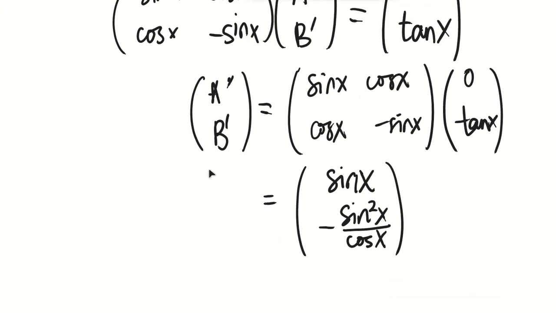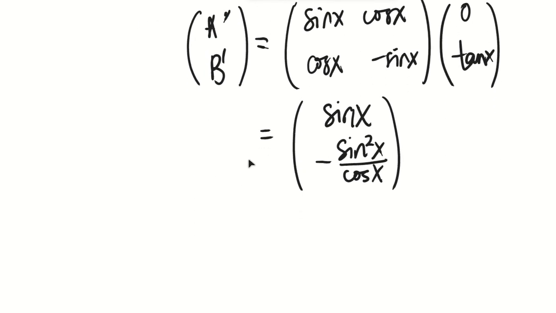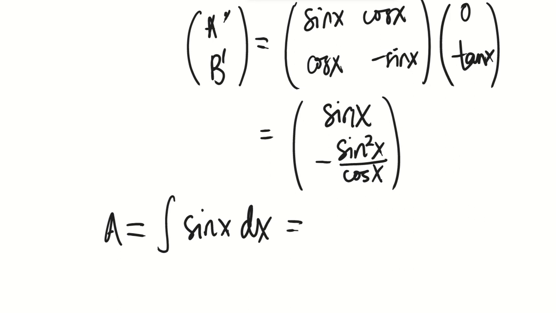So now we just want to find a particular example for a and b, so that's easy. A would be the integral of sine x dx. And we just want one particular integral. We don't have to add the constant c. We just want to find one particular example for a, and of course that's minus cos x.